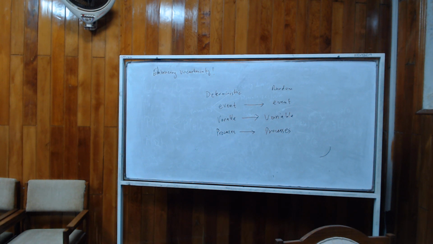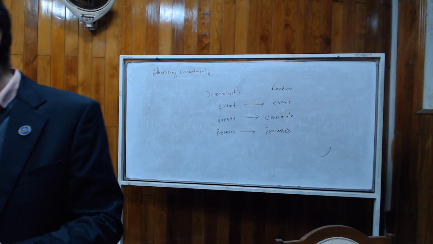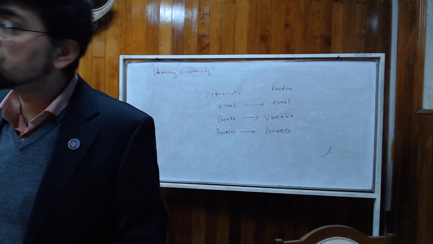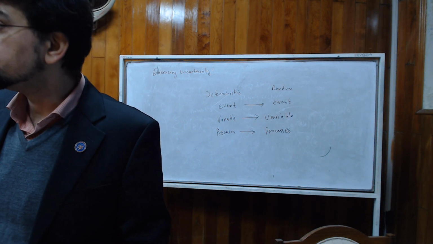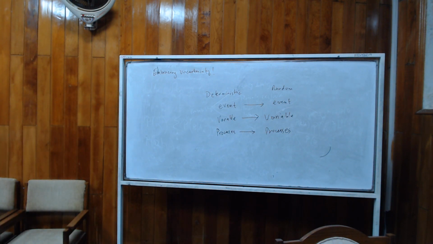So we have discussed that either it is too hard to give the exact deterministic answer, or there are so many variations possible, or the event hasn't happened yet and you want to guess about it in the future. In that case you need to go for random processes.